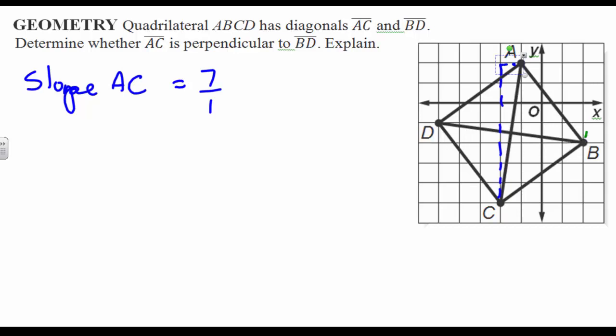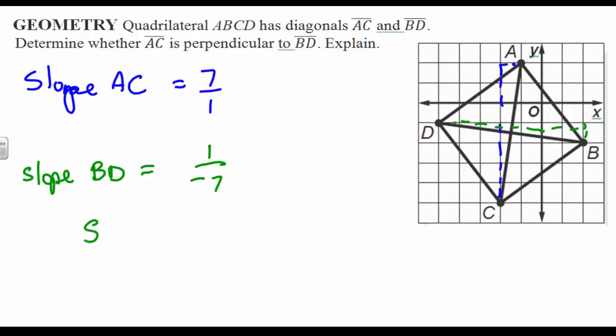So I'm going to go up 1 and back. Let's do the counting. So we've got 1, 2, 3, 4, 5, 6, 7. So I rose 1 and went back 7, and that gave me the slope of BD.